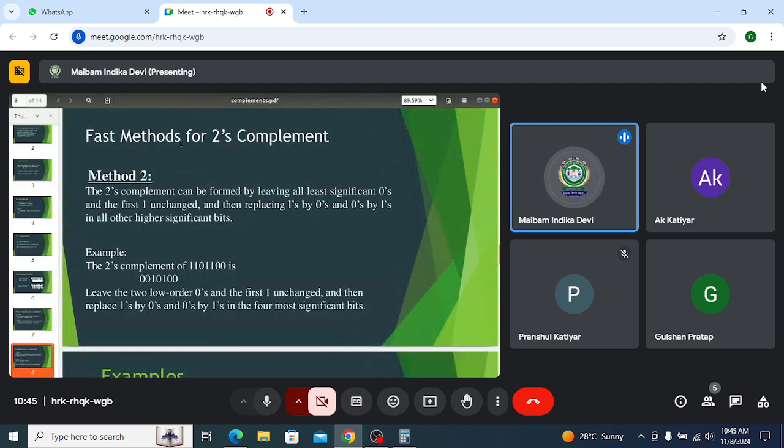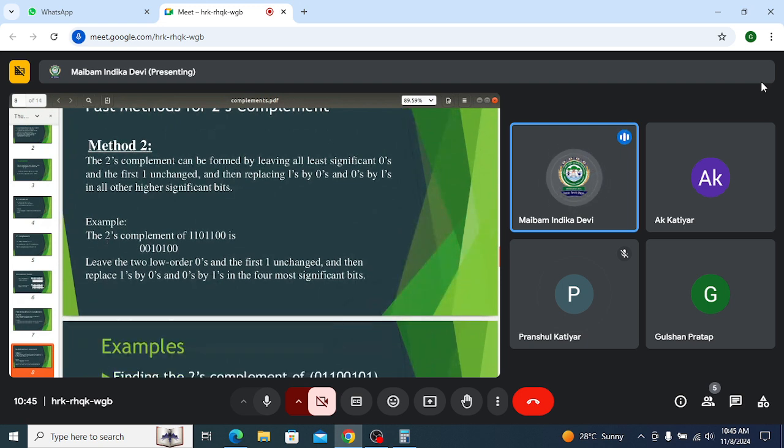Another method of finding two's complement is that it can be formed by leaving all least significant zeros and the first one unchanged, and then replacing 1s by zeros and zeros by ones in all other higher significant bits. Suppose you are supposed to find the two's complement of this number 1 1 0 1 1 0 0.